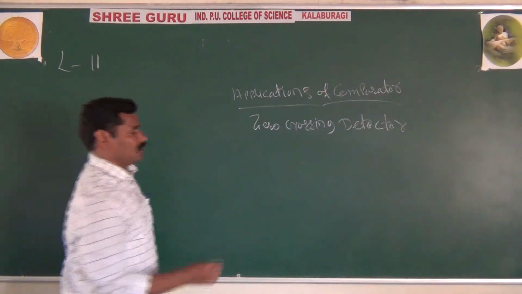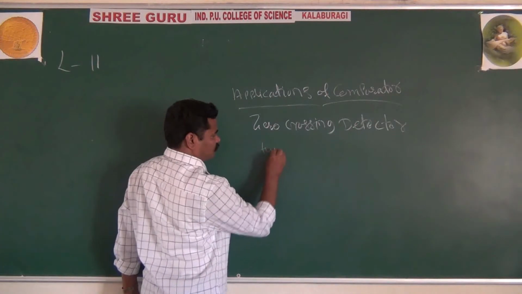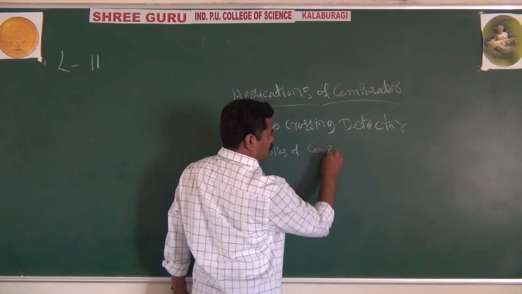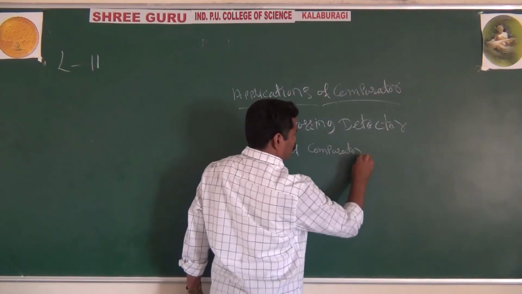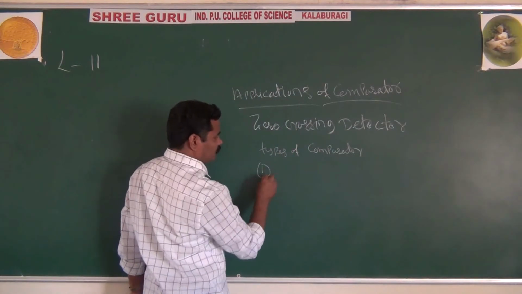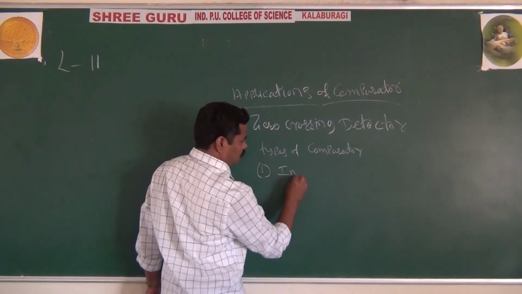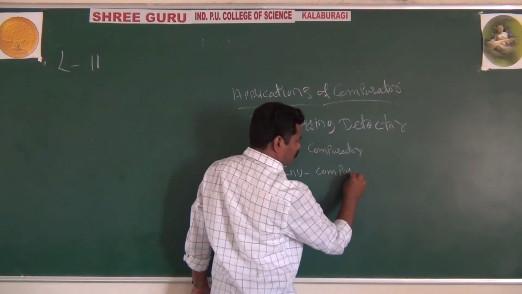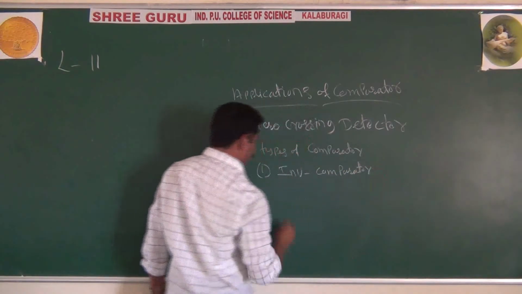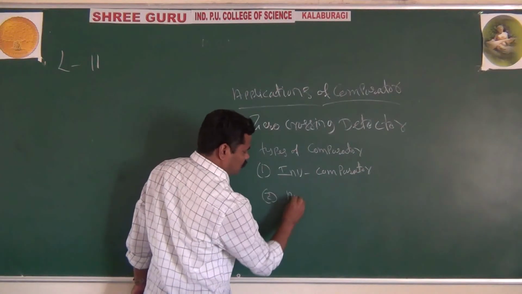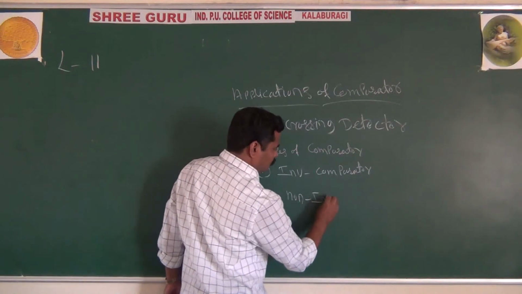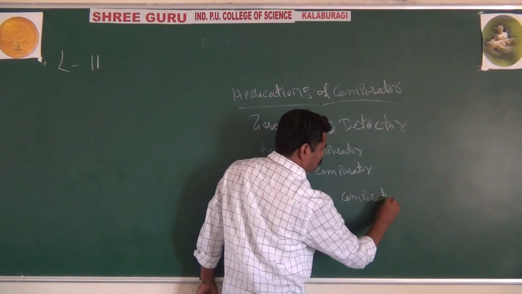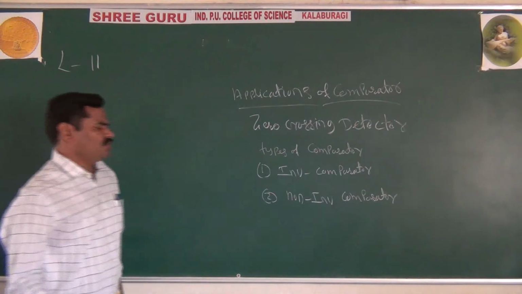Types of comparator: one is called the inverting comparator, and another one is the non-inverting comparator. Inverting and non-inverting comparator. Very simple.